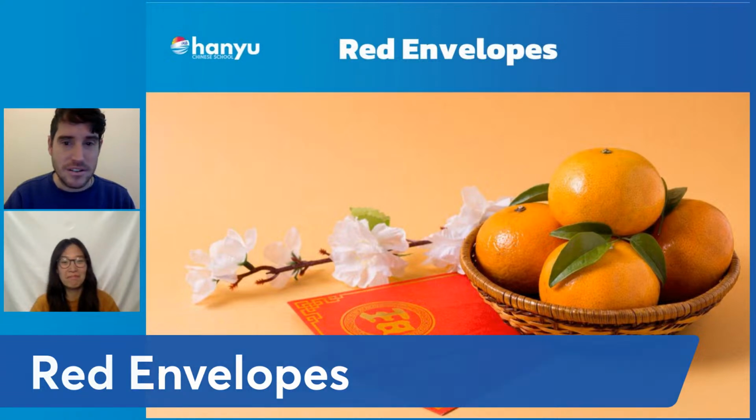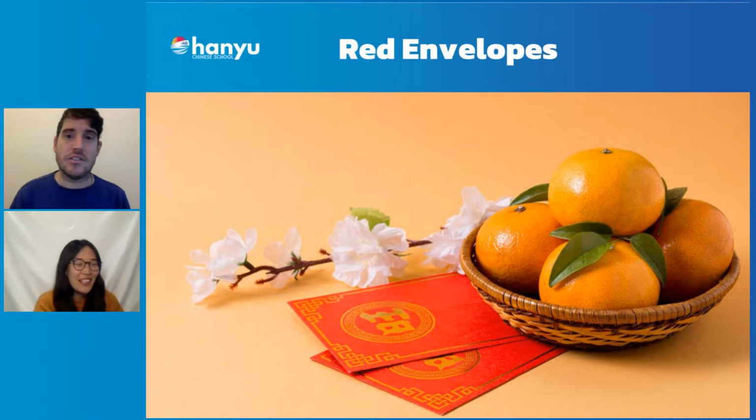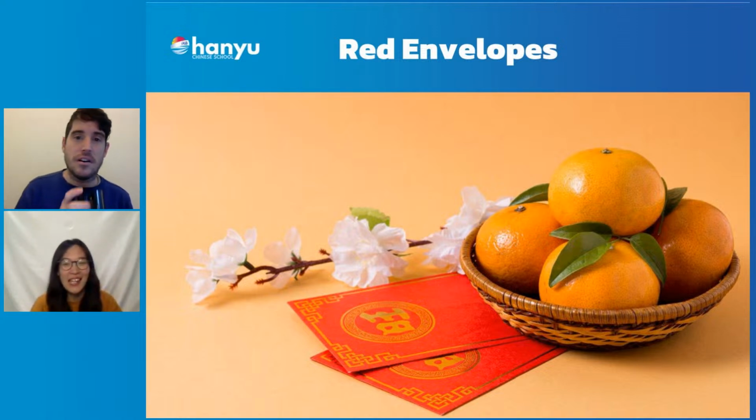Melanie, do you know? Yeah, so red envelopes in China are all about spreading good fortune, luck, and blessings. But they also reflect deep cultural values like family, unity, respect, and a bit of superstition.